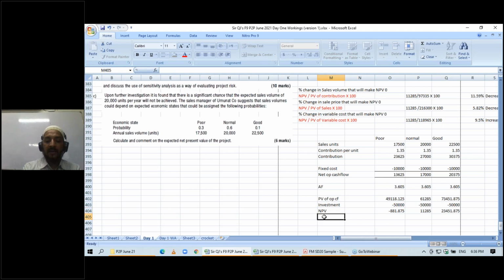And now we will multiply the NPV with the probability. NPV multiplied by probability, and the sum of all NPVs into probability will give you the expected value.